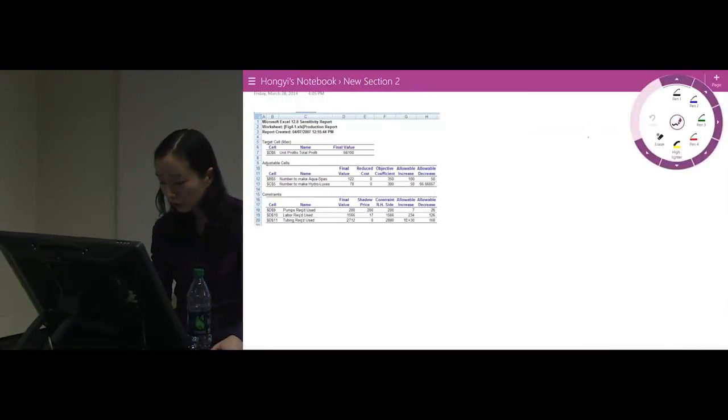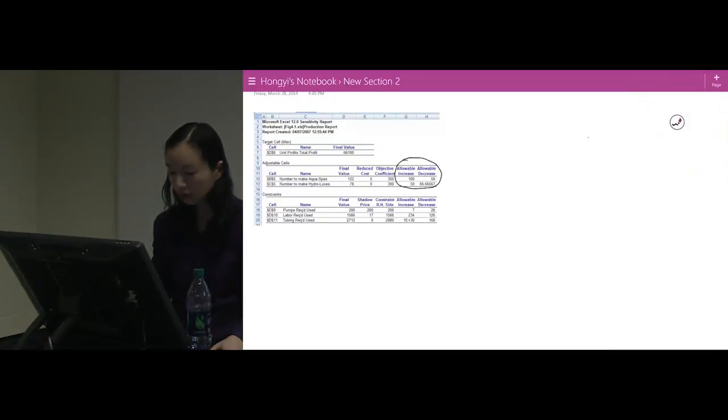So what we talk about is here. The adjustable cells represent those. The first ones we're looking at are those. The allowable increase and allowable decrease in the adjustable cells represent the amount by which those coefficients can change.